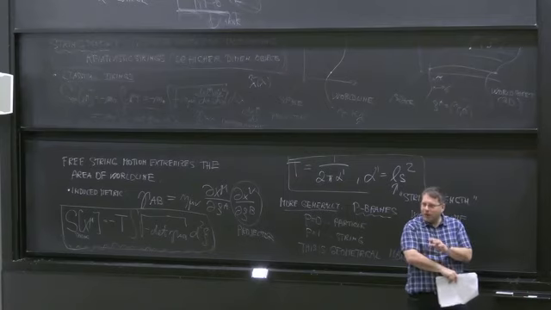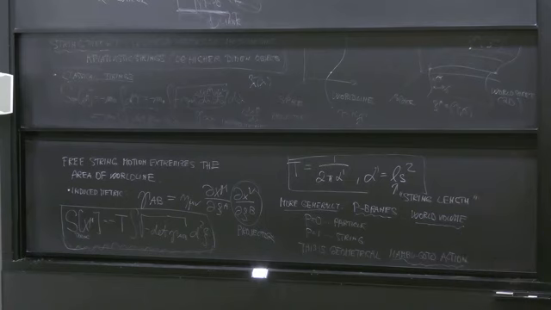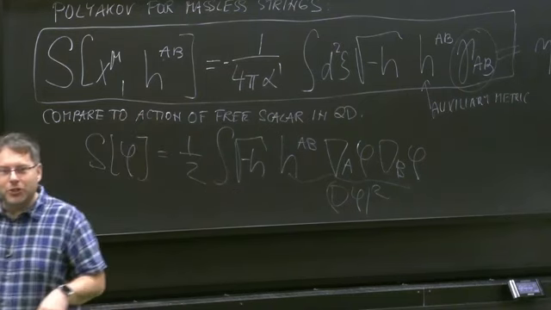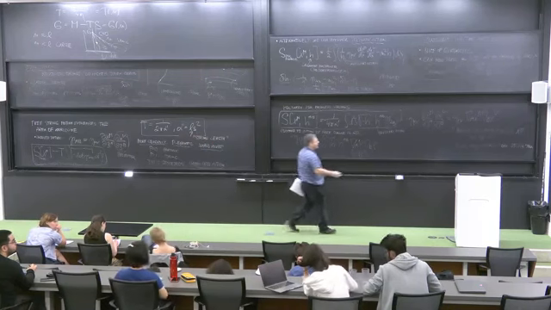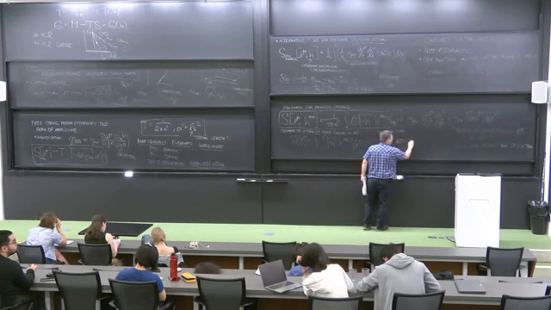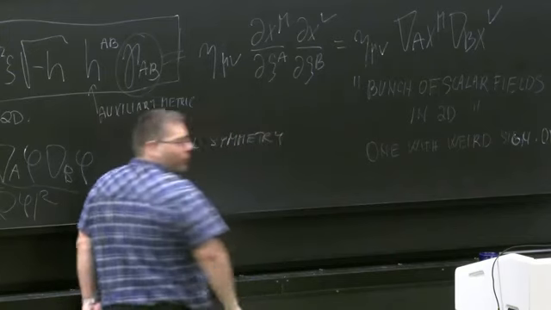But if you are in 2 dimensions, scalar fields are super nice. Massless scalar fields are super nice. In particular, this action enjoys so-called Weyl symmetry. Do you know what Weyl symmetry is?